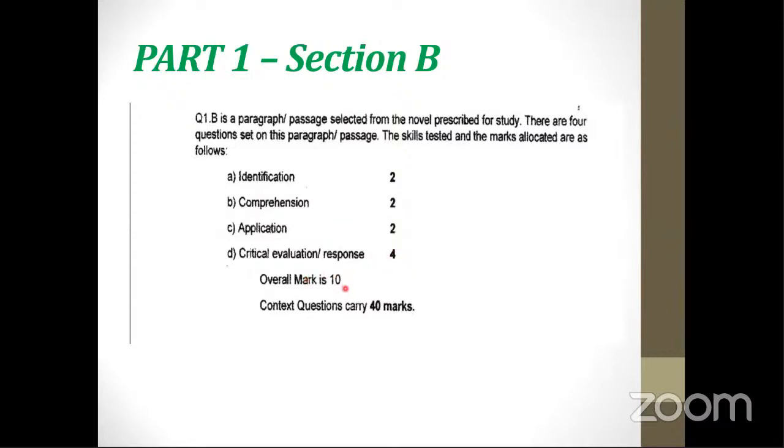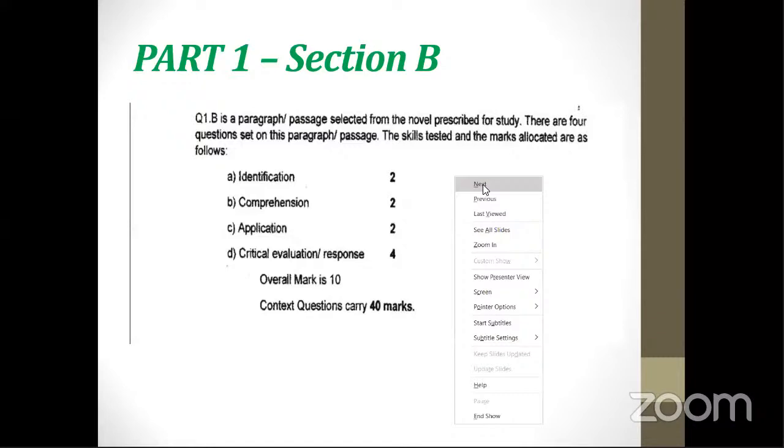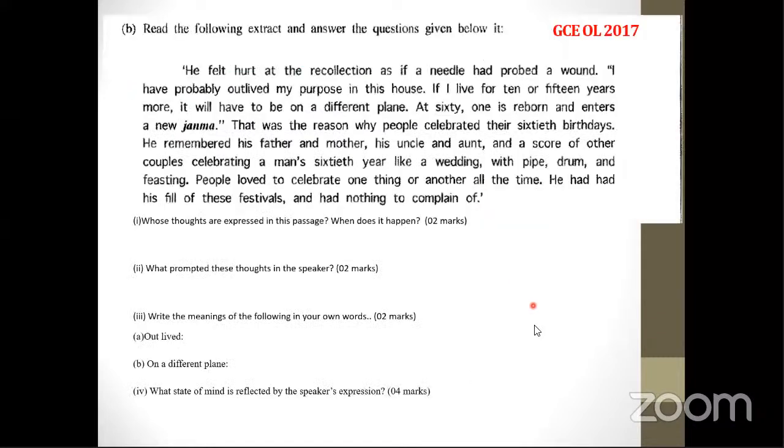Overall, 10 marks for part 1, section B. As a whole, when we think, the novel takes a big weight on the paper, it has 25 marks. So studying the novel is hard, but it has more marks for you. Remember not to neglect the novel.